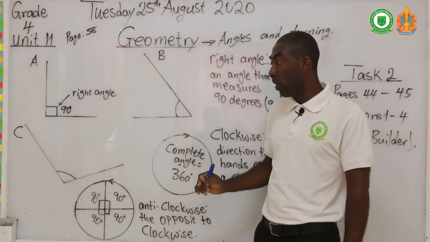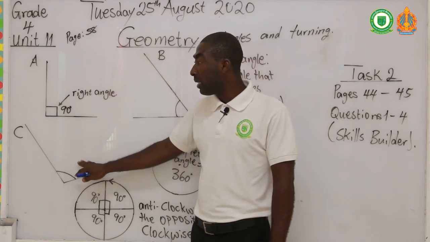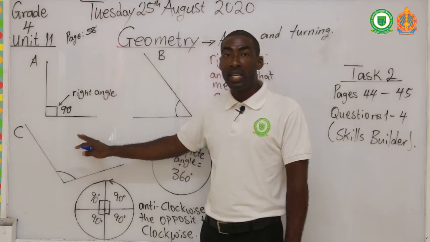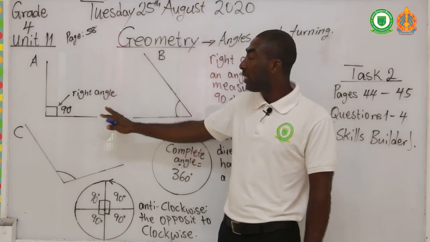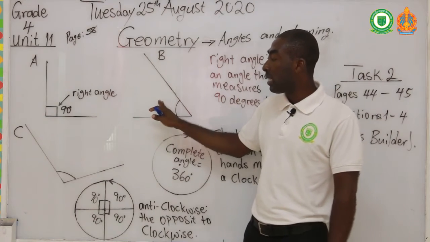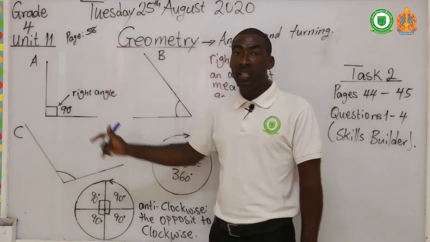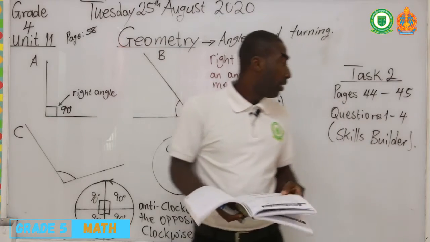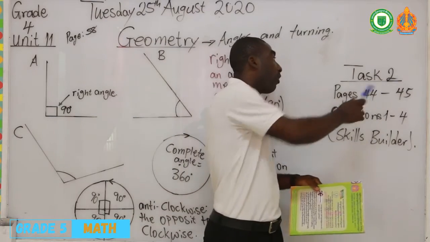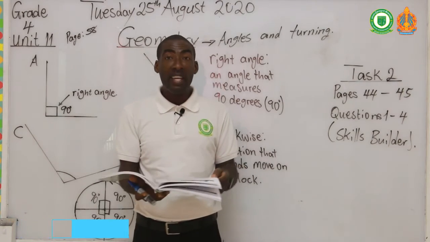So each angle carries its own measurement. 90 degrees is our right angle, this is less than 90 degrees, and this is bigger than 90 degrees.